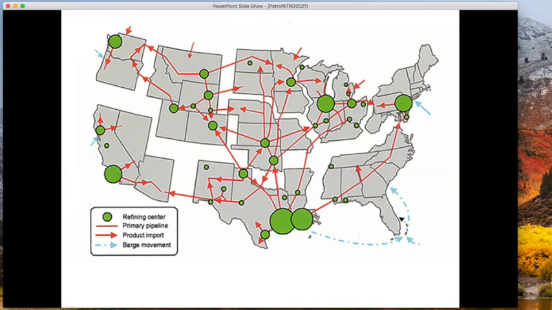Now you can see Indianapolis is pretty well connected. We have huge refineries up by Chicago that can supply us quickly if need be. There are a couple dead spots throughout the country here, though. You see the Southwest. I mean, not many people live there, so it's not high priority. Now, next week, we're also going to talk about pipelines and some of the dangers with them, but we have pipelines all over this country.